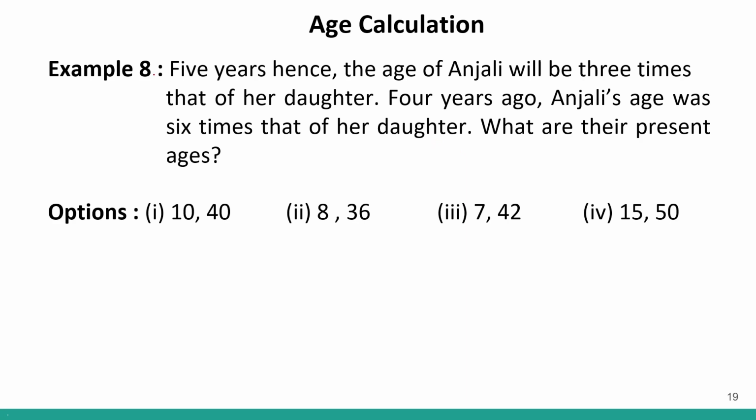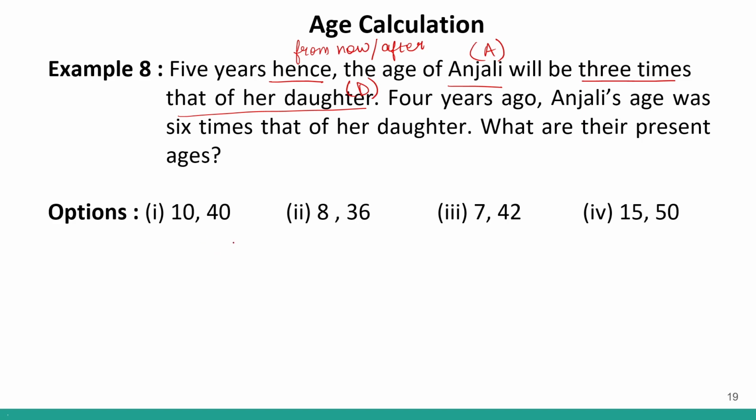So question number 8. 5 years hence. Hence means from now, or after. Okay. So 5 years from now, the age of Anjali will be 3 times that of her daughter. So let's say Anjali's age is A and daughter's age is D, present ages.